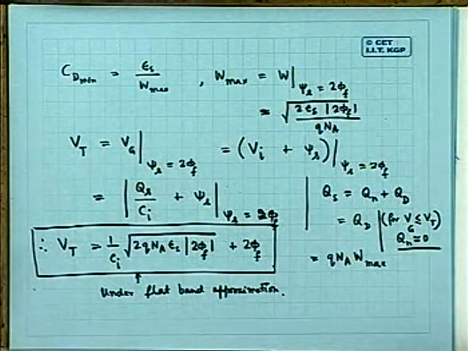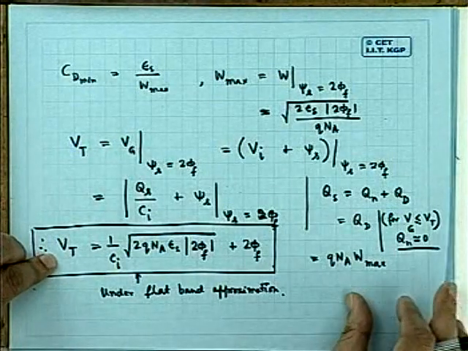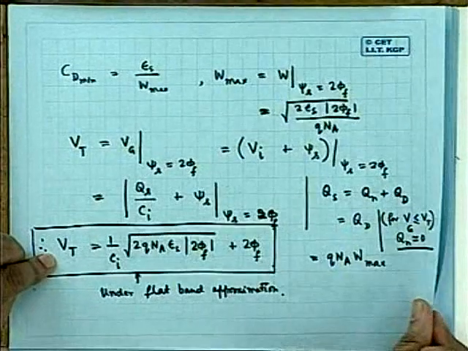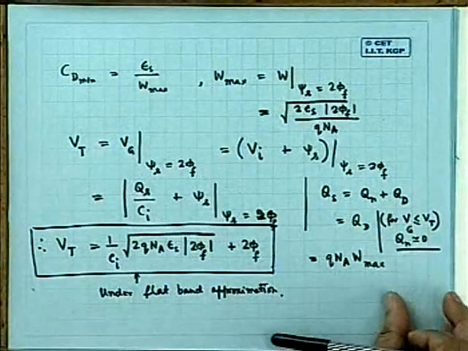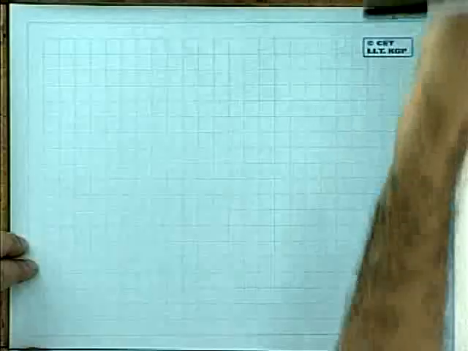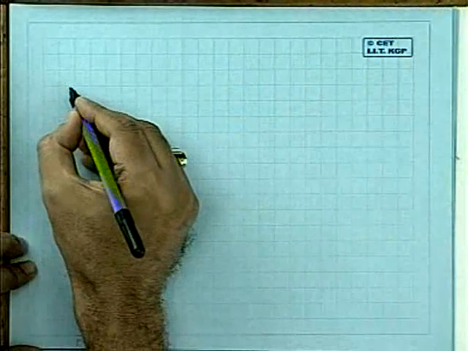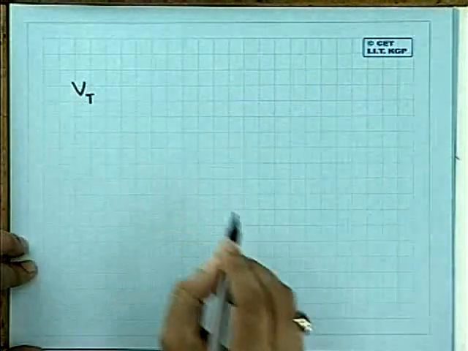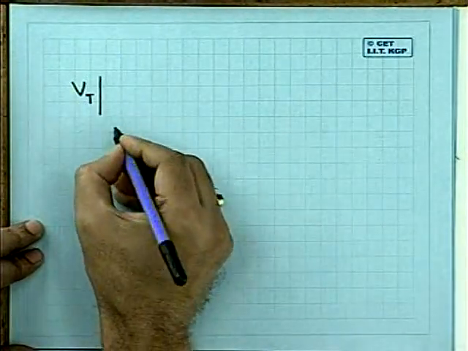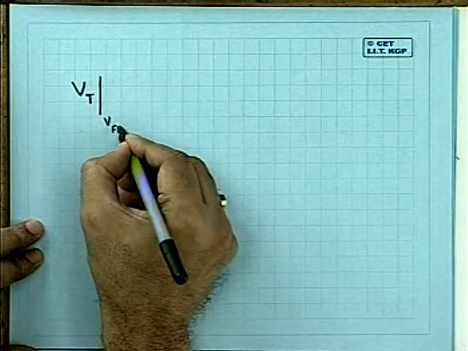So under flat band approximation, we have been able to derive an expression for threshold voltage, which is a very important parameter for MOSFET, given by this kind of equation. Let me once again write it here. Vt under flat band condition, so I am assuming VFB is equal to 0.